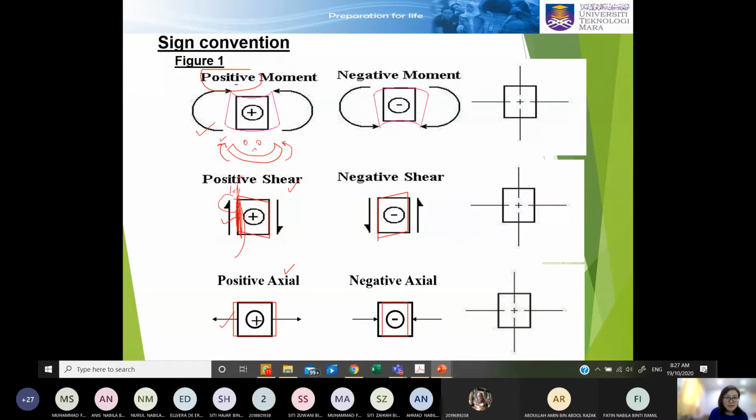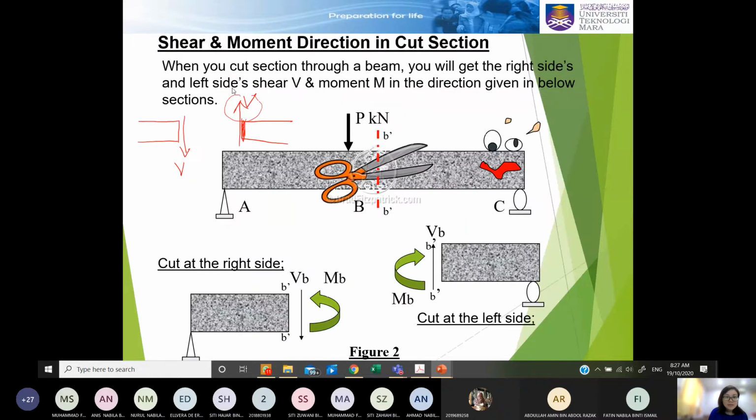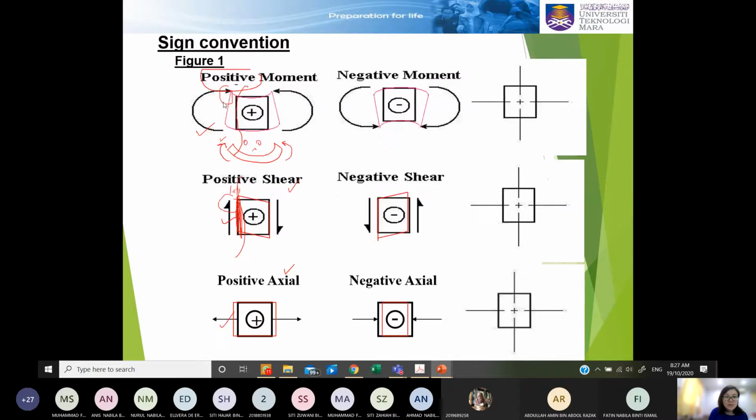When you cut it here, this moment is clockwise, so this is going up, this is also going up. So the moment is always acting up. But if you want to remember, it depends on which side the cut section is. Either you cut it and look at this right section, so this will be counterclockwise.